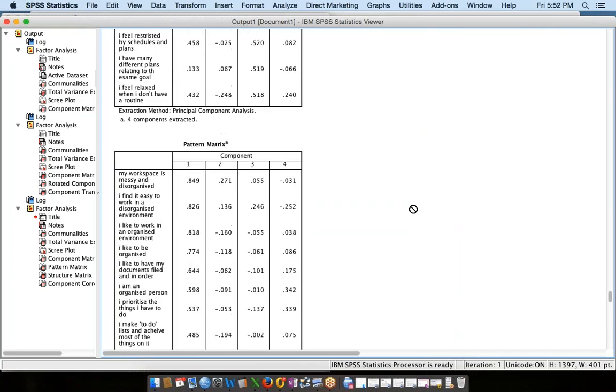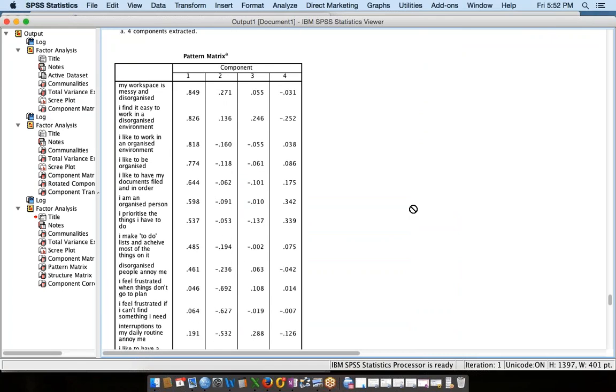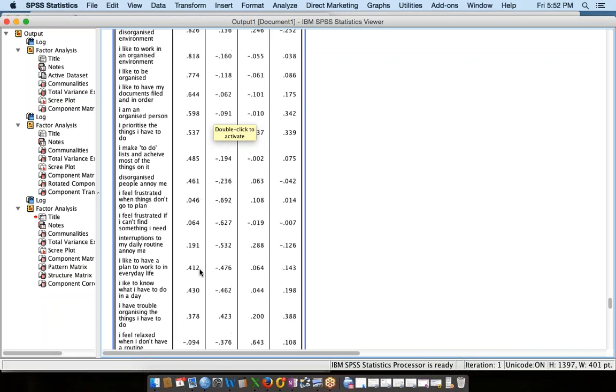But everything's going to look the same except here, and I want to see if there's a difference here. Disorganized, disorganized, organized, organized, file, organize, prioritize, to do, the first factor appears to be the same.